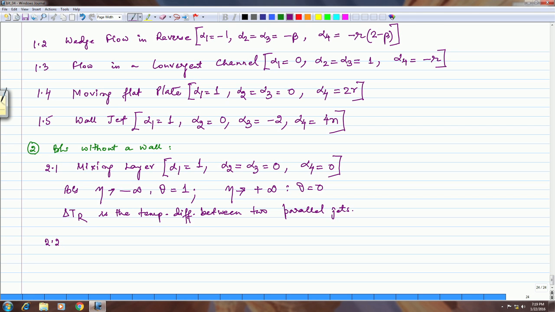And the next thing is 2.2. We're going to talk about the free jet. So in this case, alpha 1 is 1.